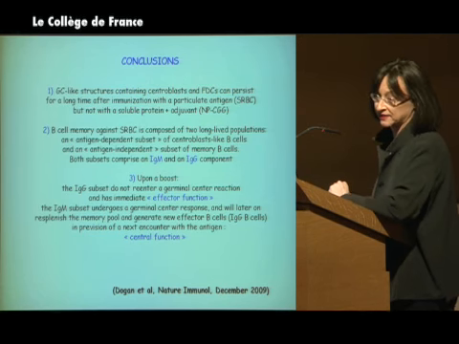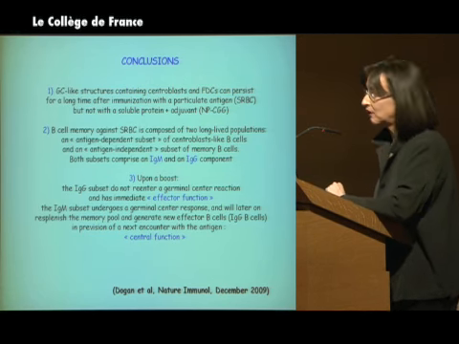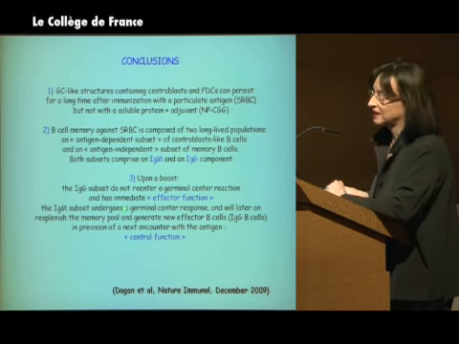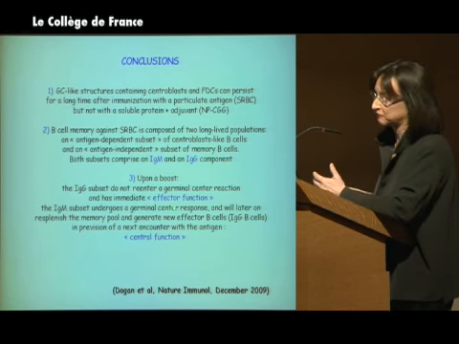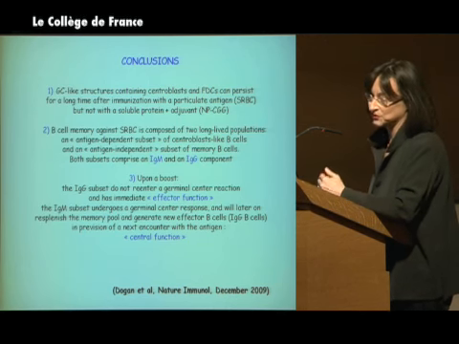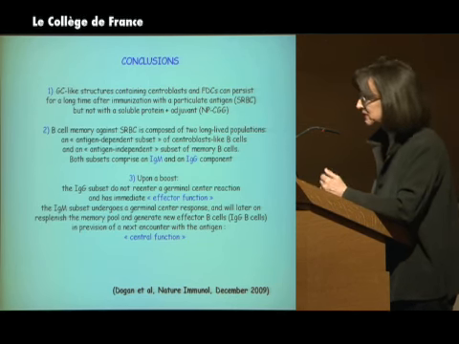And if you take the vocabulary of the T cells, you would say that the IgG subset has effector function, whereas the IgM subset would be much more like a central memory subset.